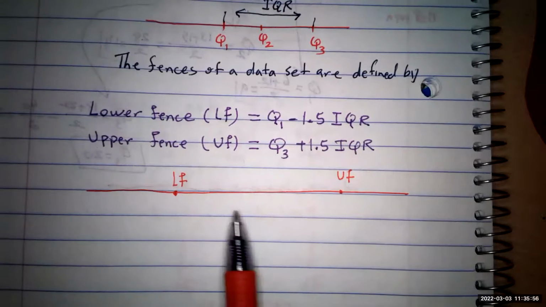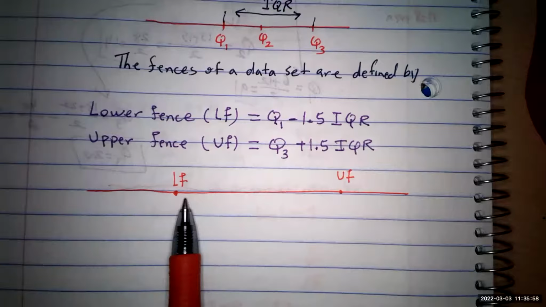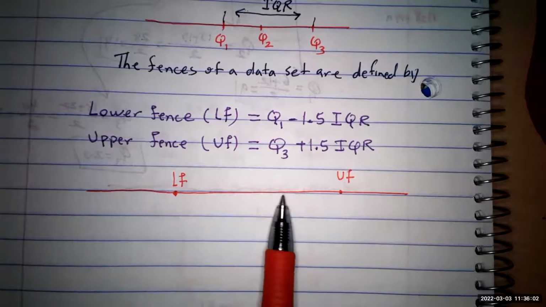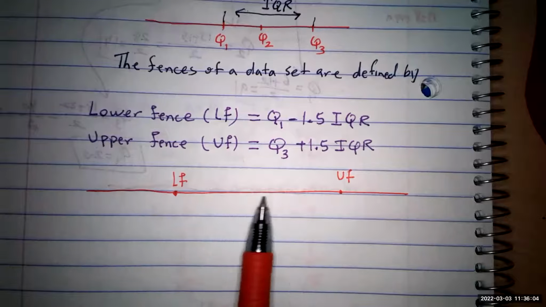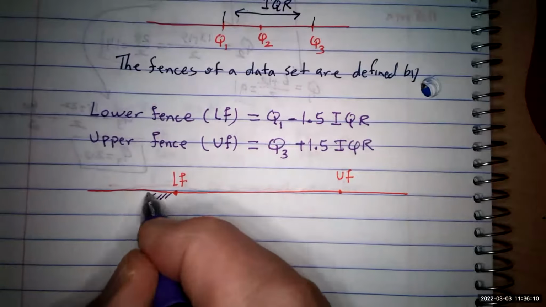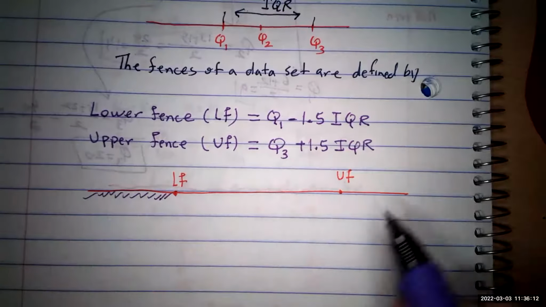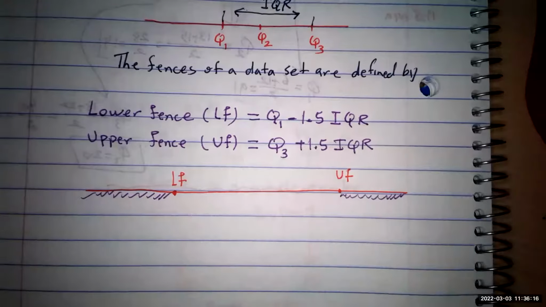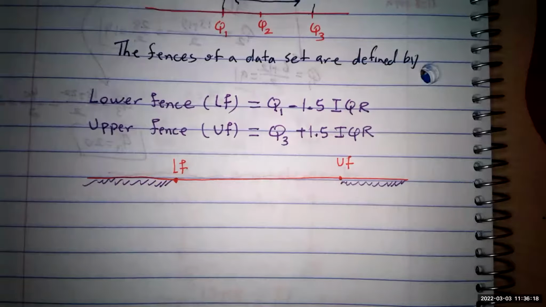Okay. If the numbers are inside these fences, this interval, the numbers are fine. But if you get a value which is outside here, or outside there, those values are considered to be outliers.